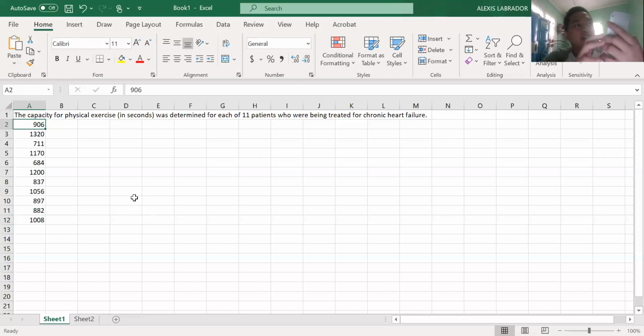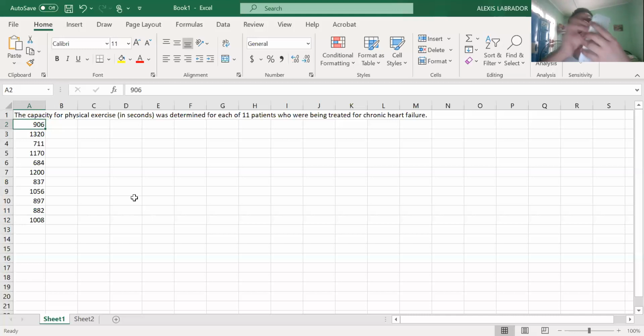Okay, so dyan, it appears that our mean, from the first value na binigay ni calculator, andyan agad yung sample mean natin, which is 970. And then nakabigay din dyan yung population standard deviation.